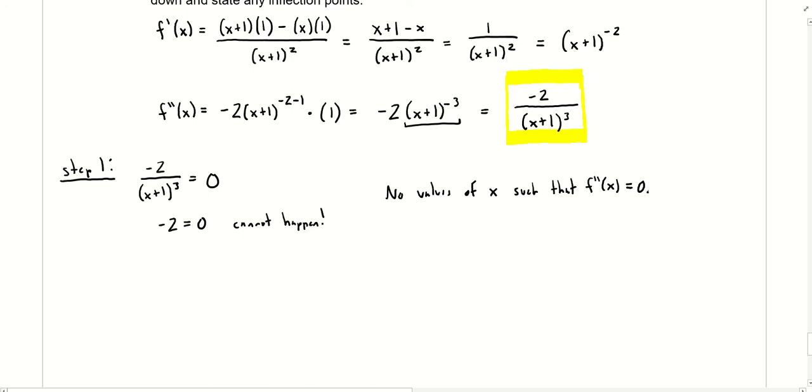All that means is there's not going to be any inflection points. We don't even have any candidates for inflection points because there's no possible place, no value of x that would make that second derivative equal to 0. And those are the only points that could possibly be inflection points. So the consequence of this is just that there will not be any inflection points. There are no inflection points.